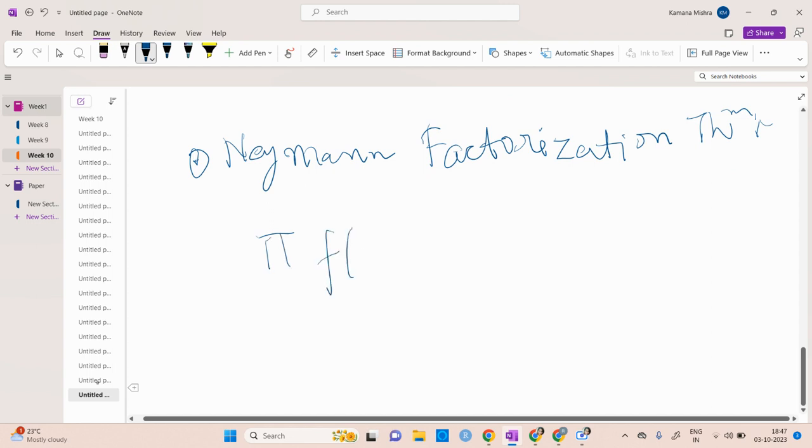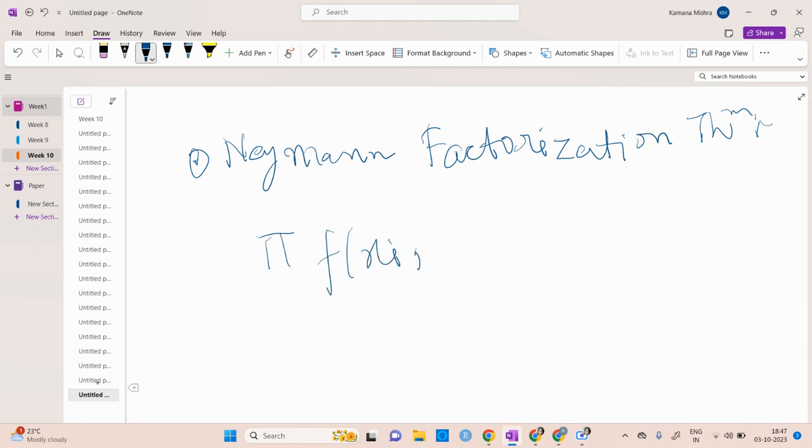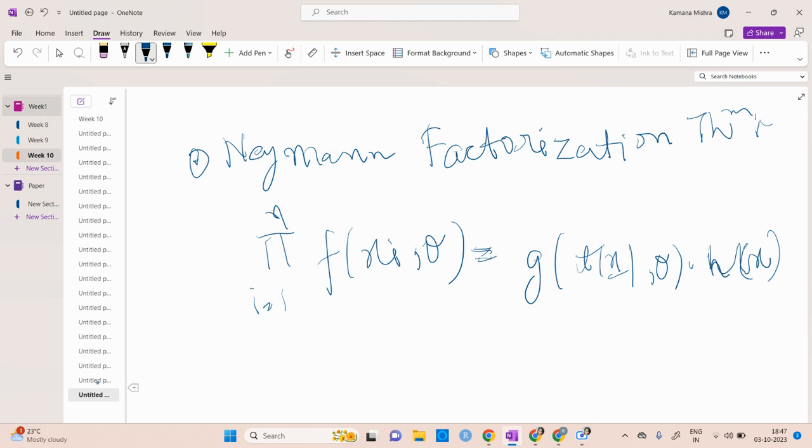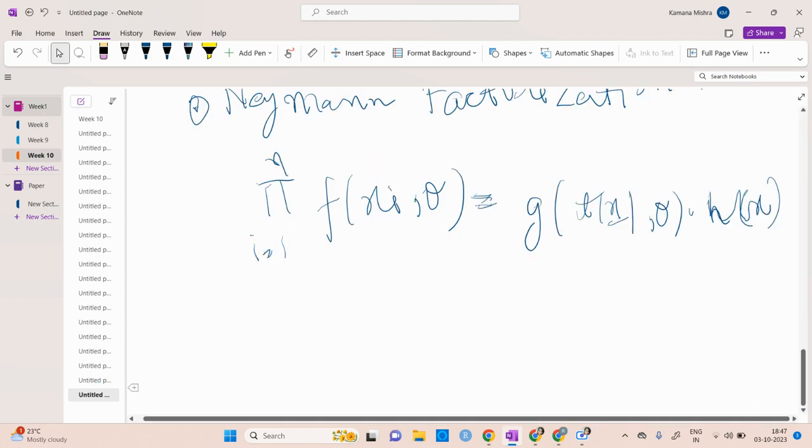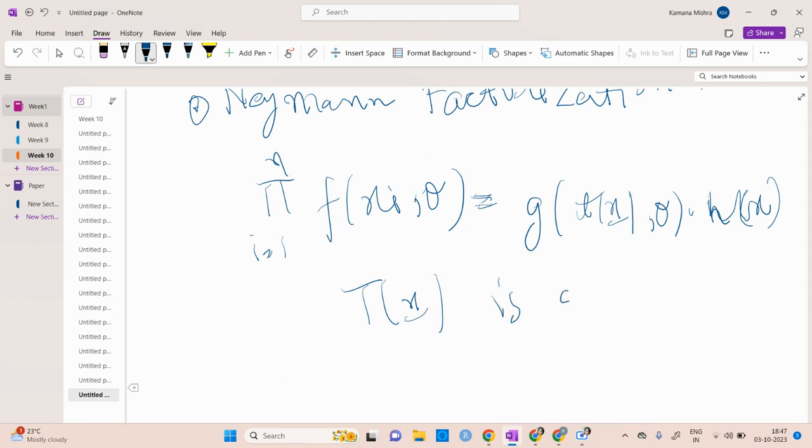If we have the PDF given, then we can simply find the likelihood function, and if we can write this likelihood function in terms of g(T(x bar), theta) and h(x), then we say that T(x bar) is sufficient.